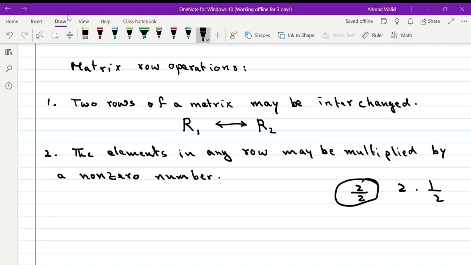This is the same. That's why in this rule we just use the word multiply, but you can also divide, correct? By a non-zero number. The only thing you cannot do is multiply a row by 0, because you will change everything to 0. You will actually erase an equation, right?